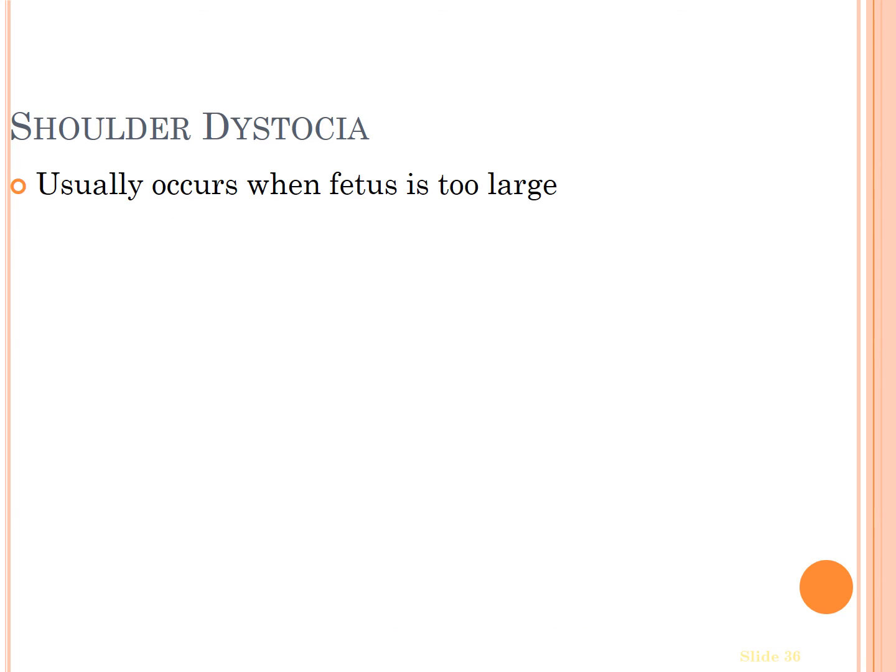Shoulder dystocia, again, usually occurs when a fetus is too large and they cannot rotate into that head down position or presentation. This is going to be an emergency. We do not want this mom to go into labor, because if her membranes rupture, what do you think she's at risk for? Prolapse cord.